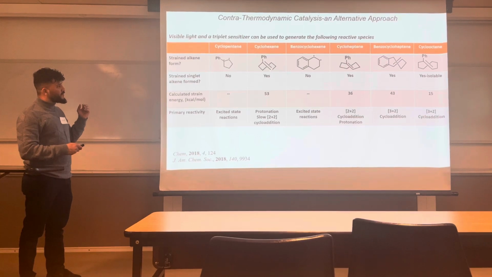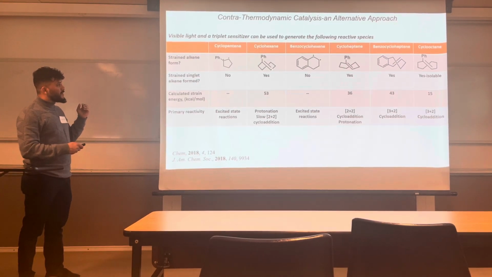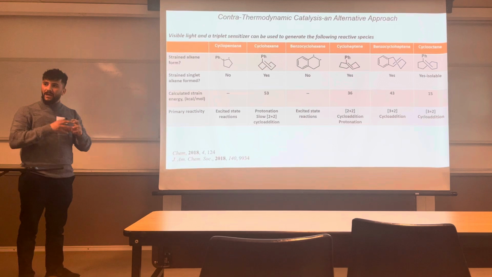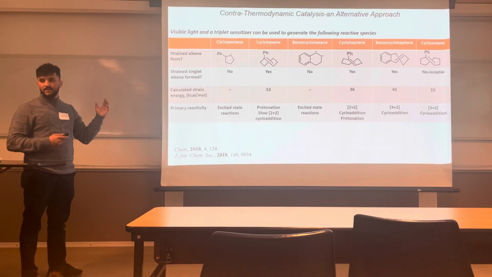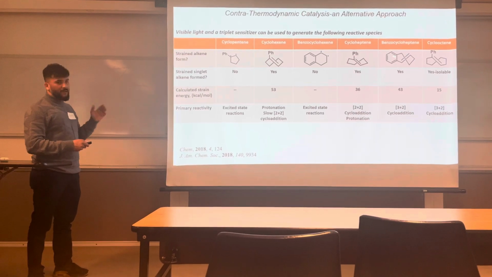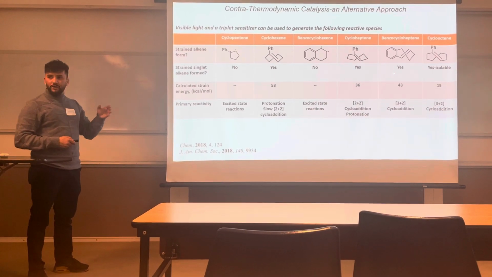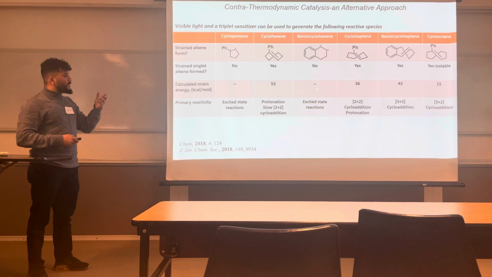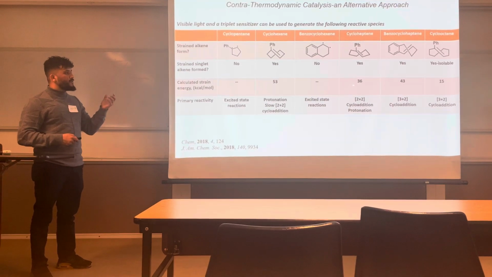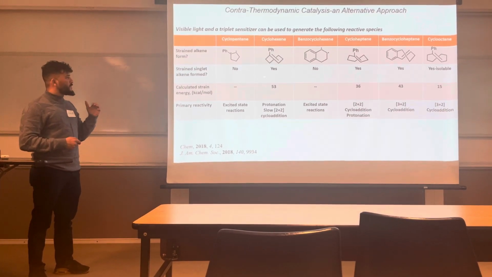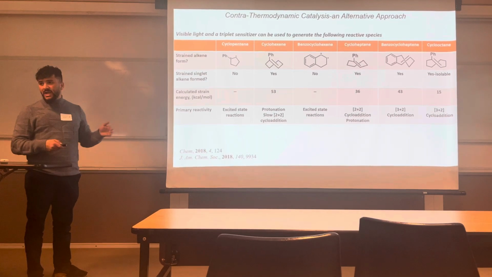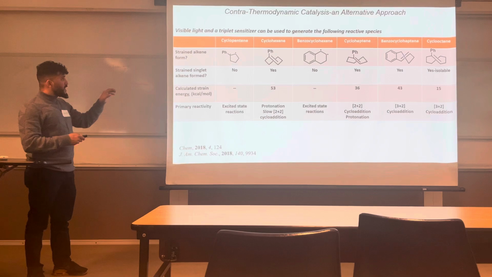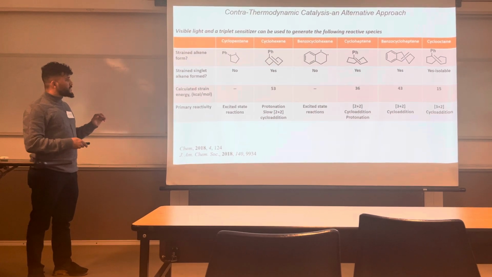Well, the reason for that is the ring size. The smaller the ring, the more strain energy, and the stronger it acts as a base. But the larger the ring, the less strain energy that ring has, and it is not going to be as strong a base as the trans-phenylcyclohexene. There are different reactions they can do, but today I'm going to be mainly focusing on phenylcyclohexene.